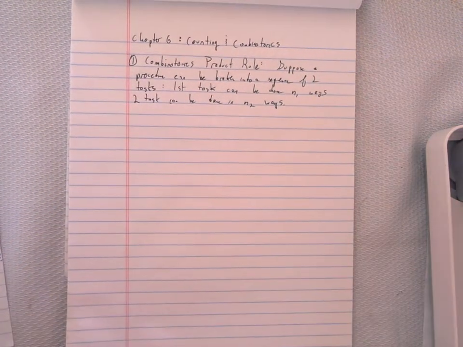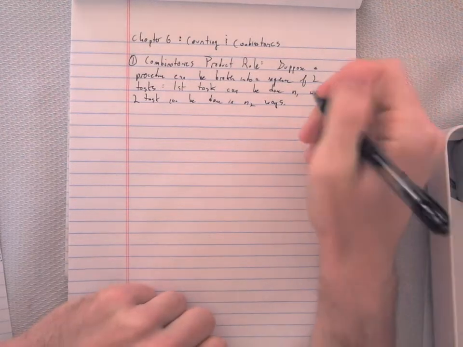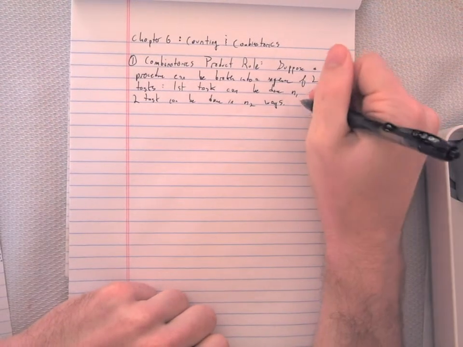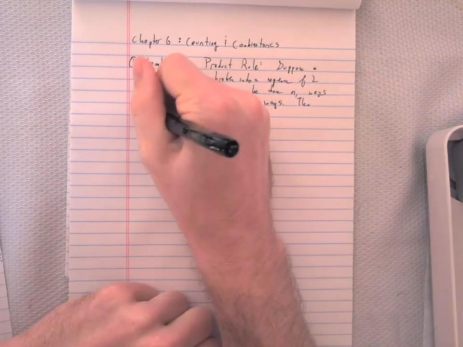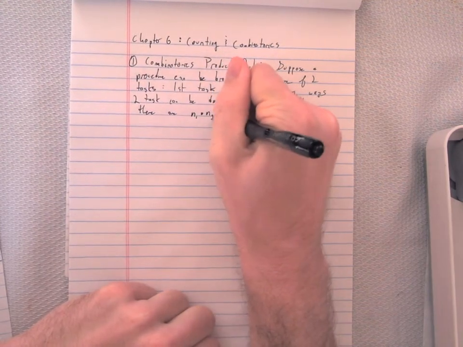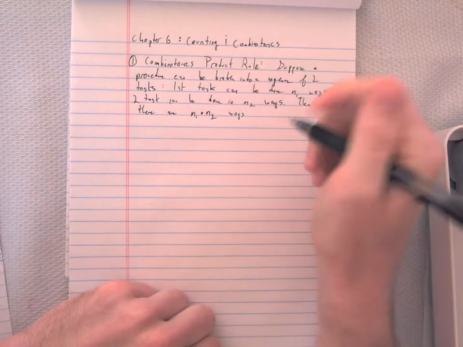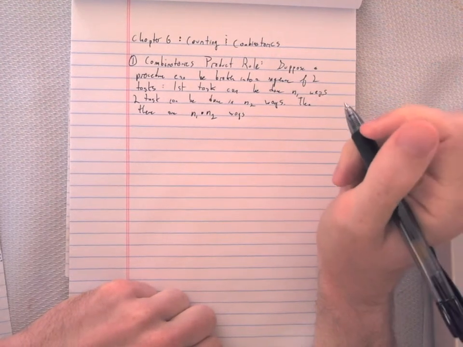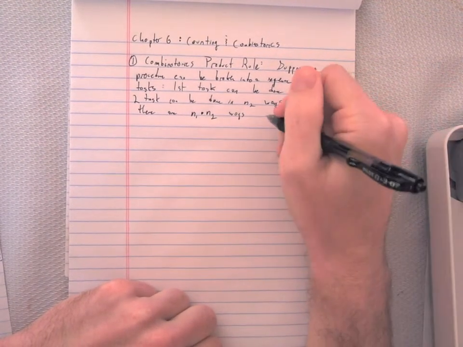Then the number of ways of doing the whole task, there are n1 times n2 ways of accomplishing the procedure.